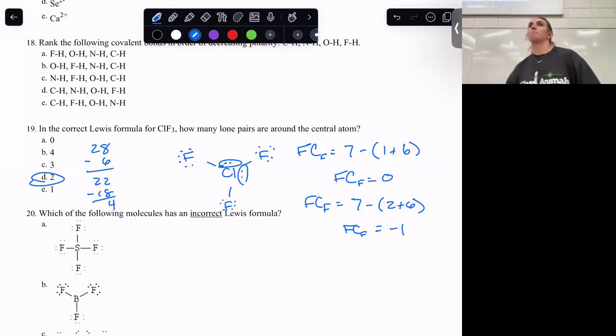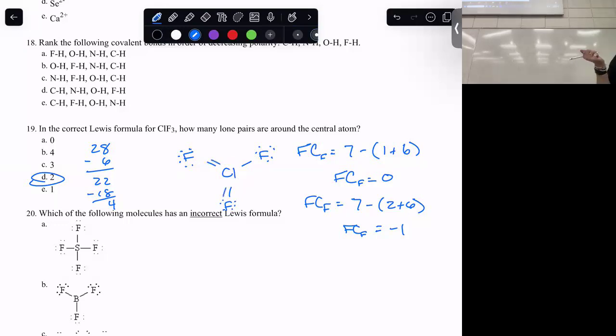Pretty much never. Why would you double bond? Because you're putting an extra pair of electrons on something. So instead of putting the electrons as lone pairs, you could do this instead.